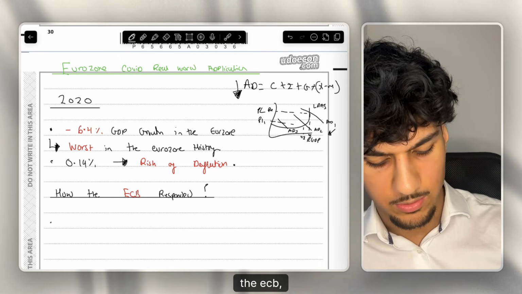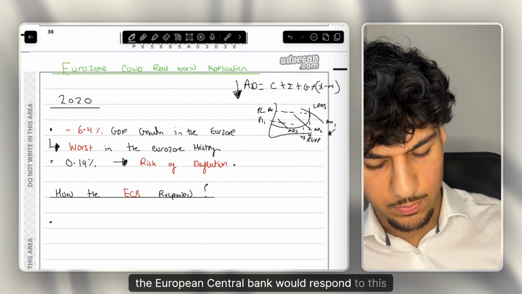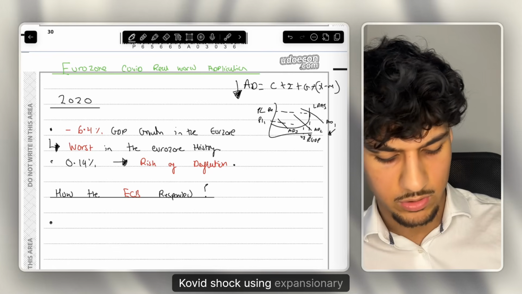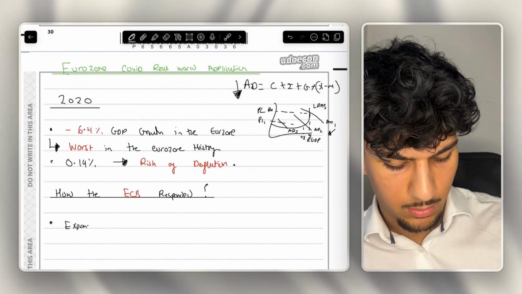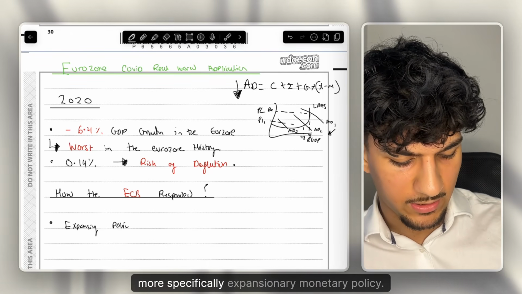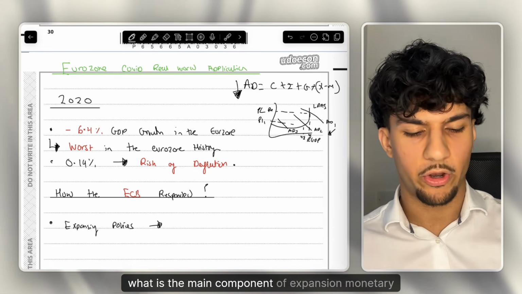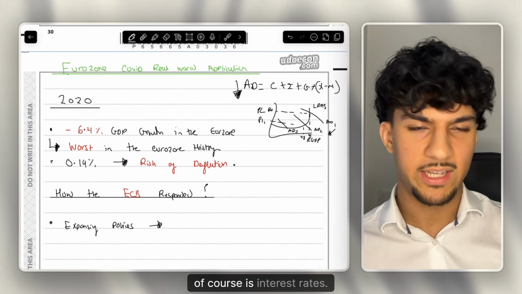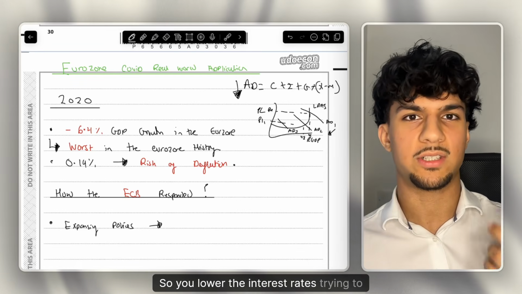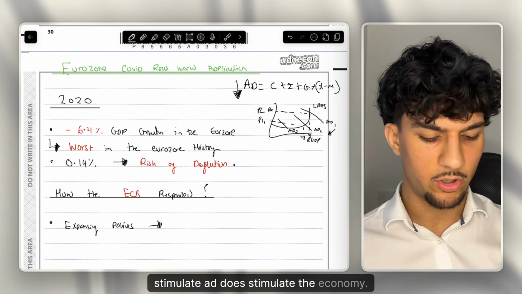So like I said, the ECB, the European Central Bank, would respond to this COVID shock using expansionary policies, more specifically expansionary monetary policy. What is the main component of expansionary monetary policy? Of course, it is interest rates. So you lower the interest rates, trying to stimulate AD, thus stimulating the economy.